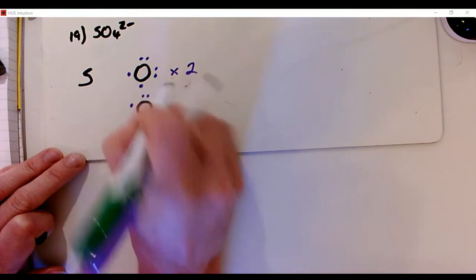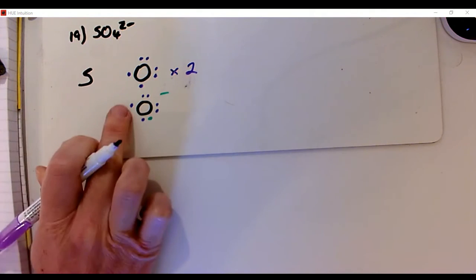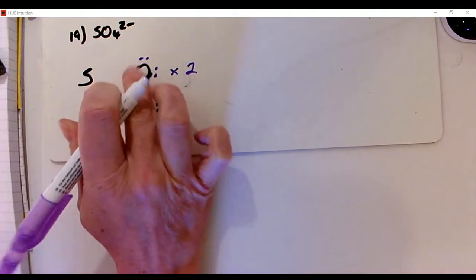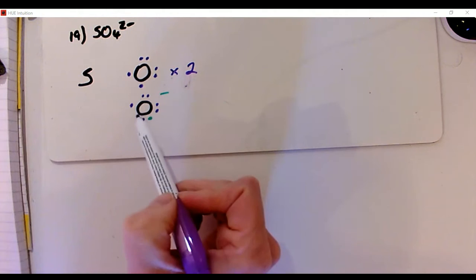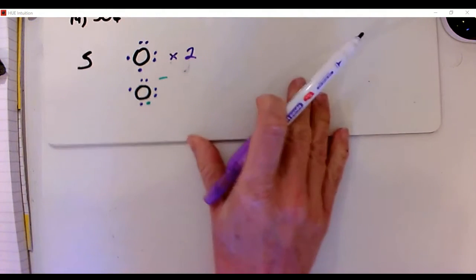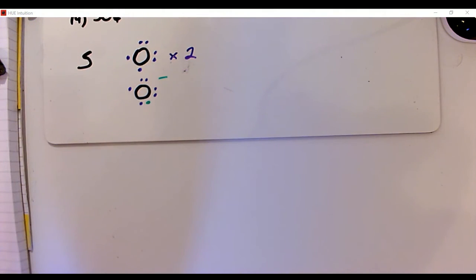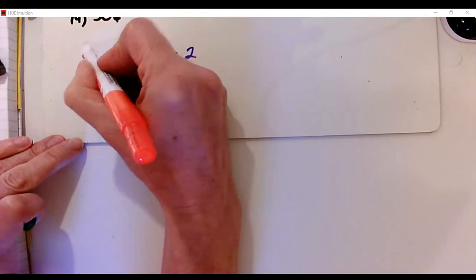So that has a negative charge, so it still needs, this will form two bonds. This needs 2 covalent bonds, and this just needs 1, right? And sulfur will oblige.